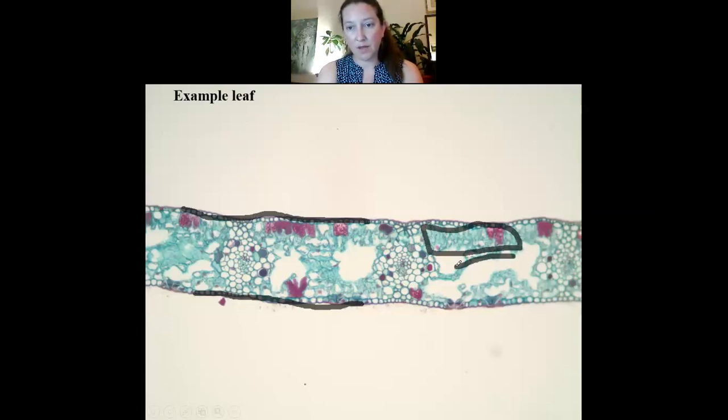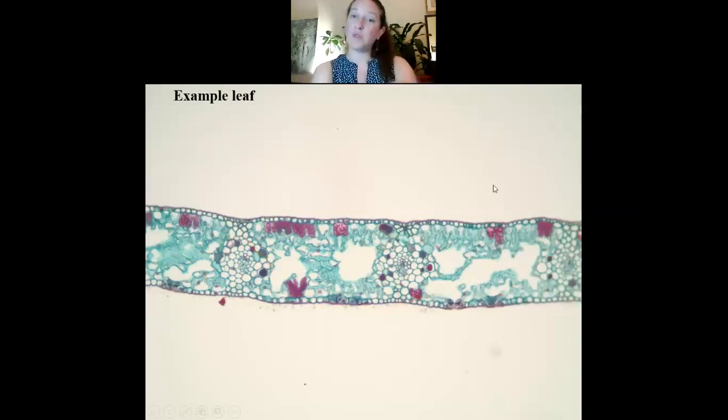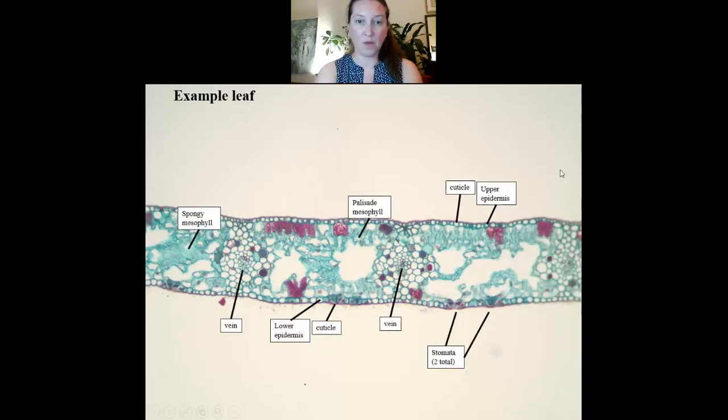Here's the Spongy mesophyll. And then here is a vein, here is a vein, etc. So I'll give you this slide that's unlabeled to help you put the pieces together, but then here's the labeled slide on the next one, right? All the parts I was just saying.